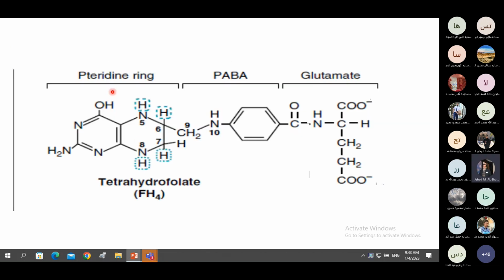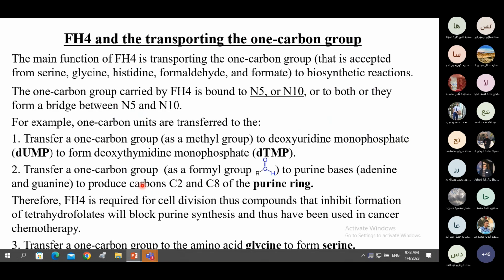So this is the tetrahydrofolate. It is the same as folate, but with 4 hydrogens on atoms 5, 6, 7, 8, and this is why it is known as tetra, 4 hydrogens bonded to folate, and shortly it is known as FH4. FH4 is the short name of tetrahydrofolate. Now, the tetrahydrofolate or FH4 plays a very important role.